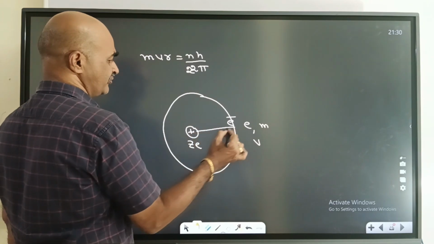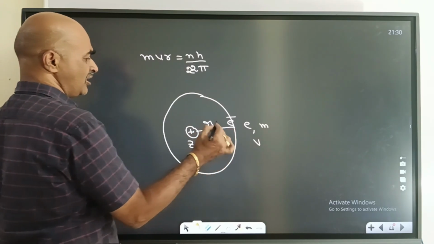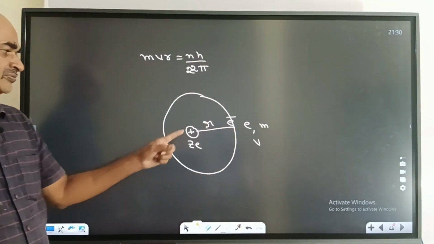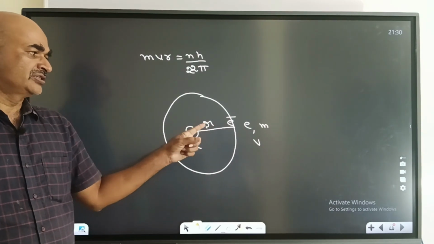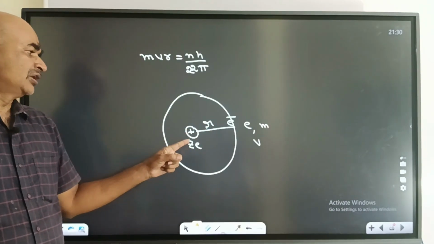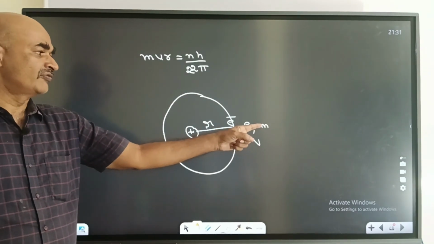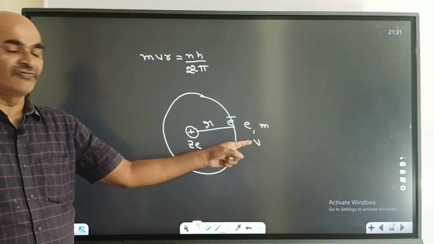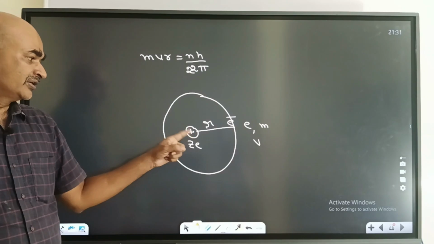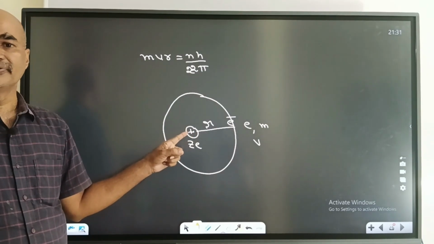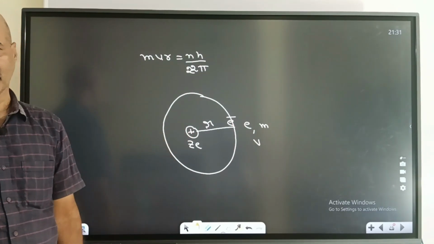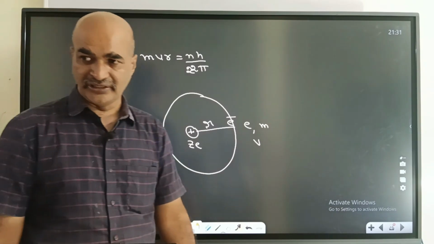The distance between the nucleus and the electron is r.